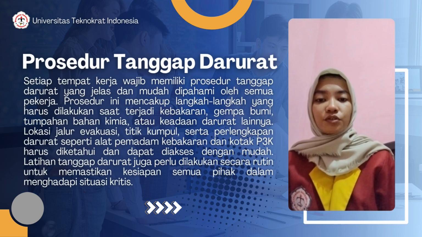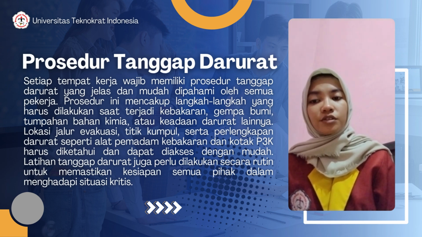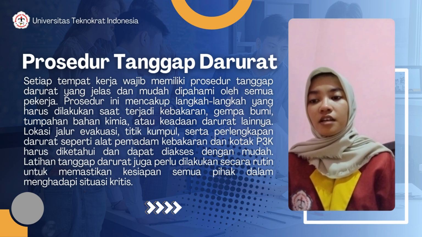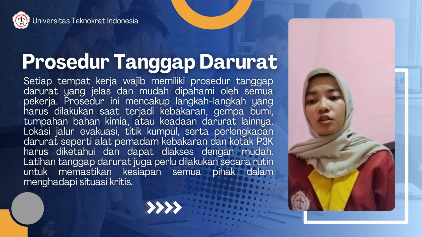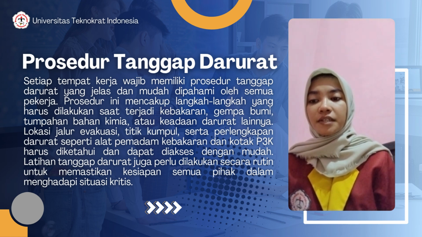Emergency response procedure. Every workplace must have emergency response procedures that are clear and easy for all workers to understand. This procedure includes steps to take in the event of a fire, earthquake, chemical spill, or other emergency.